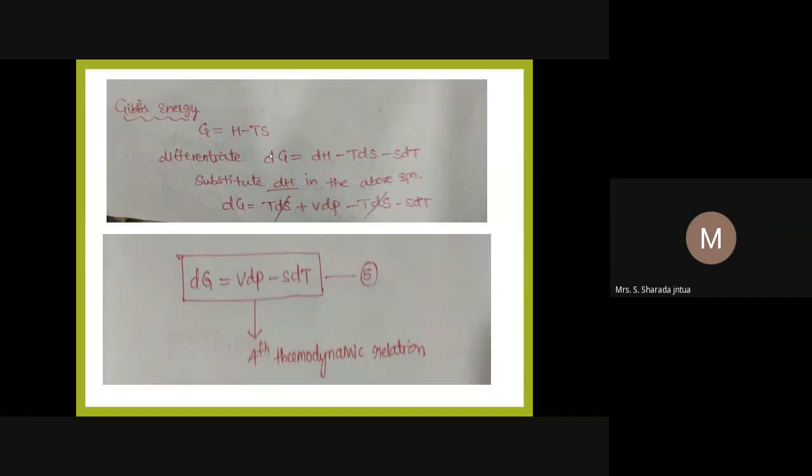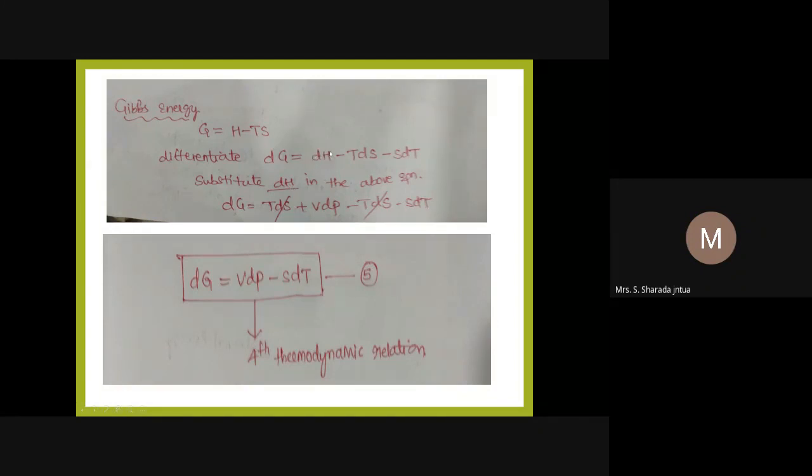I express it as dG equal to, when I differentiate this expression, we write dH, and TS is in the form of UV, so we write this in the form of a mathematical expression UV. Here you can see that finally you will get dG equal to dH minus TdS minus SdT.